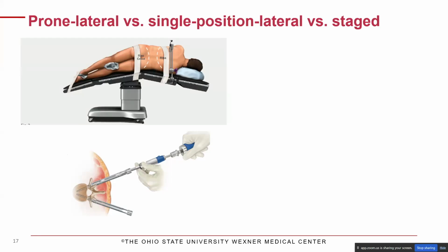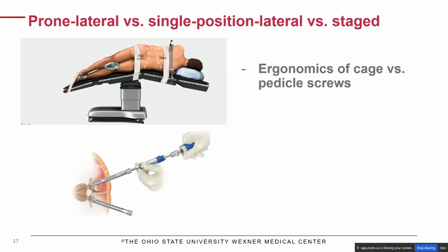You're essentially working from the floor. I will say that the use of a robotic arm has helped single position laterals quite a bit, but still I do feel that you are making the pedicle screw insertion riskier and more difficult.